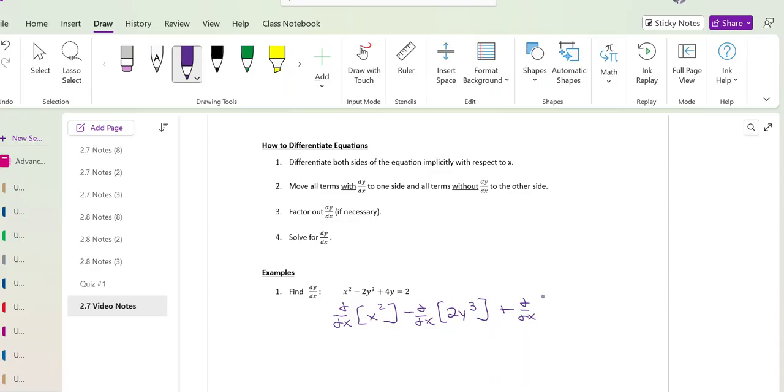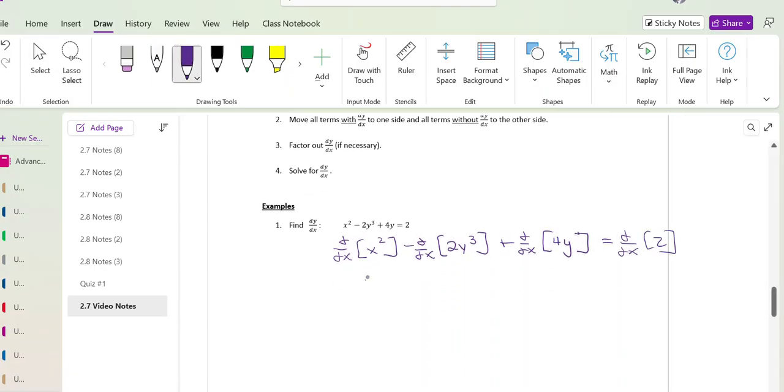That's what the d over dx means, that I'm taking the derivative with respect to x of each term. All right, the derivative with respect to x of x squared is 2x, right? Because if the letters match up, you just take the derivative, no need to add the dy/dx, because this is not a y.